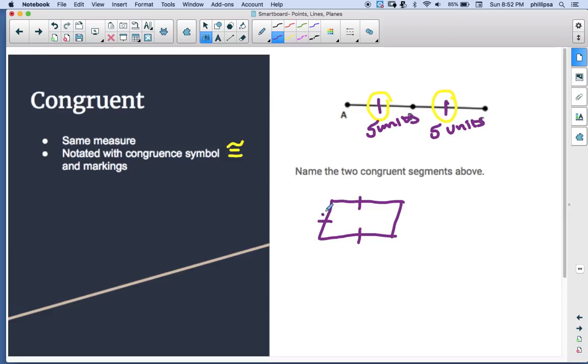Well, then I would want to show that also. But if they are not congruent to the other two sides, I'm going to add another congruent marking to show that these two opposite sides are congruent and these two opposite sides are congruent, but that these two consecutive sides, here, here, here, and here, would not necessarily be congruent.